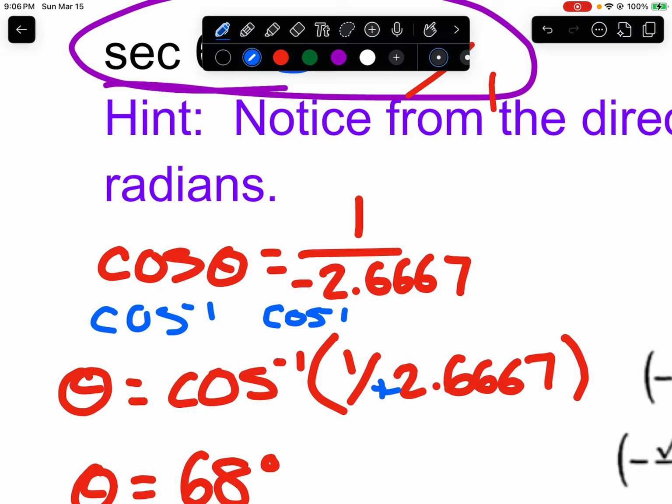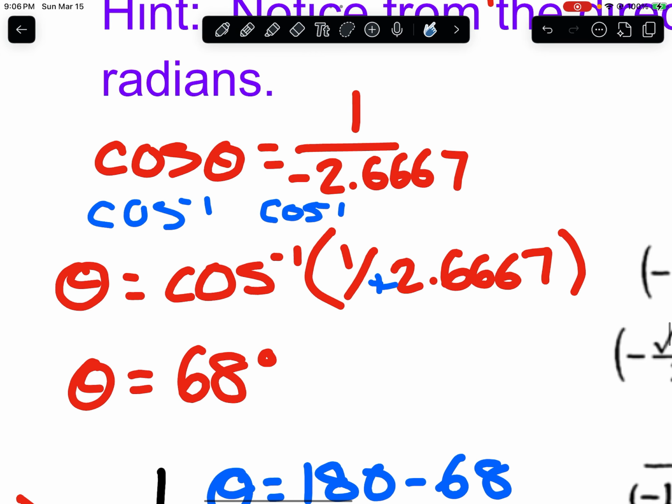So if you're given a negative, don't plug that into your calculator. What that's going to do is get the calculator to give you that reference angle value, versus giving you something that won't actually allow us to find our second value.